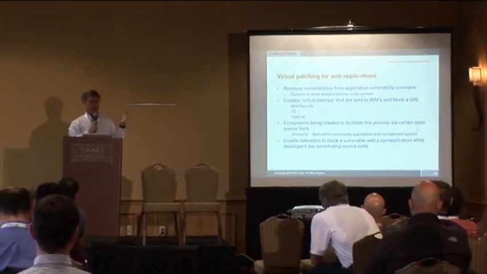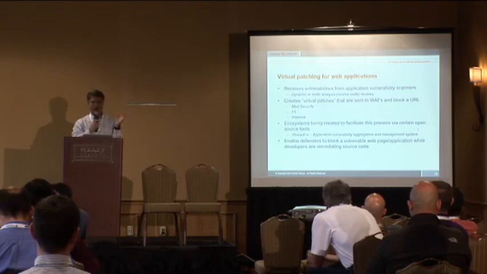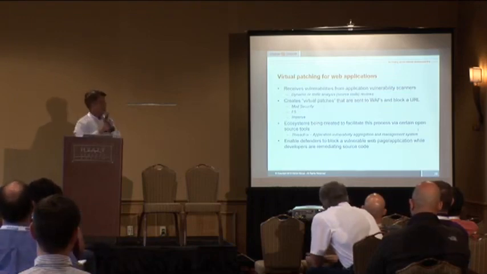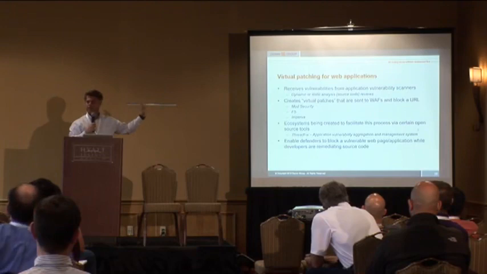I have a two-week cycle with my dev team and can't fix something because I don't control those guys. But I can block that or push that vulnerable site somewhere else, and while I'm doing that, I get information and context on who's hitting it. Was that really a problem, or is it something I should not worry about?